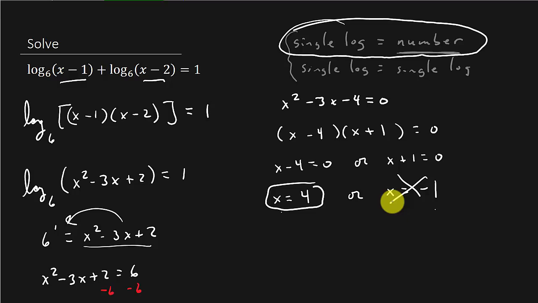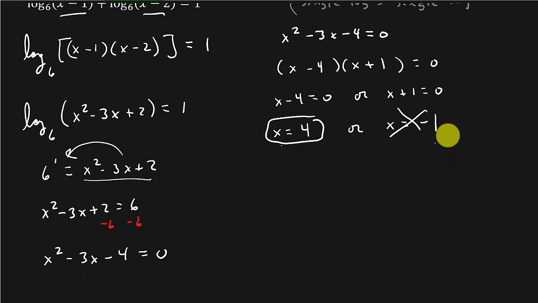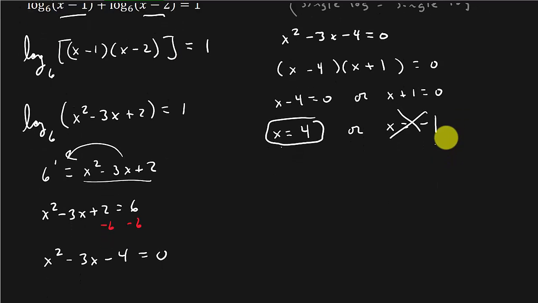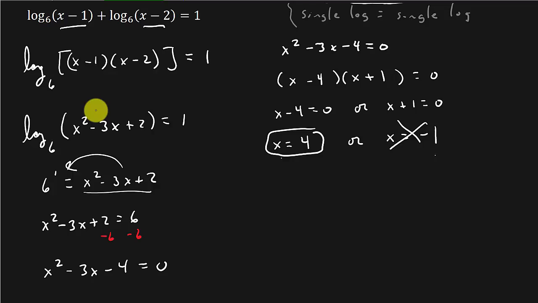Okay? Still, if you're watching, still don't stop it, because I've got another point to show you. Once we see that we're taking the log of a negative number here, we don't even have to plug it into there, because it violates the rule right here. Now, you might be thinking, well, I took this and I rewrote it like this, and if I take the 4 and plug it into here, that's positive.